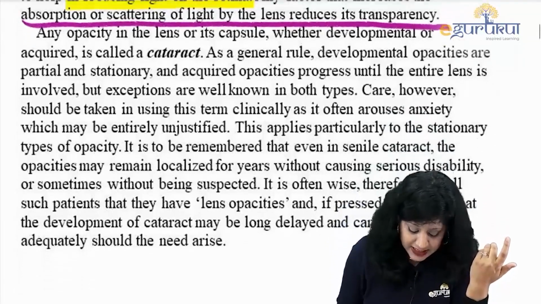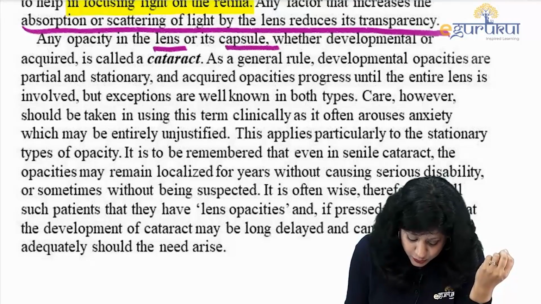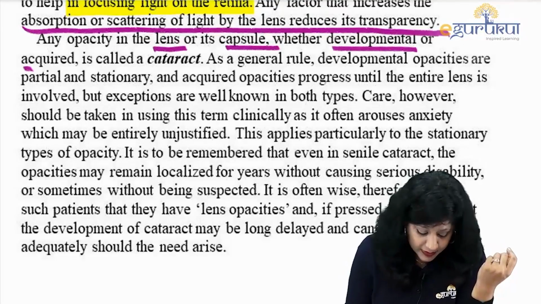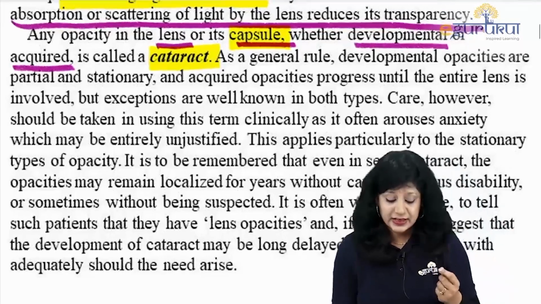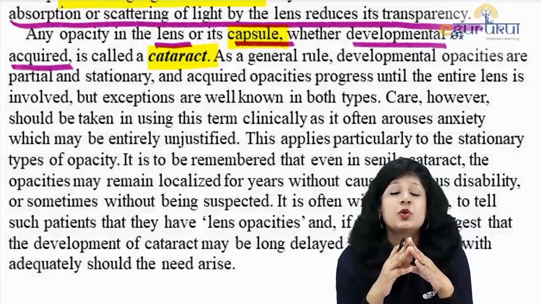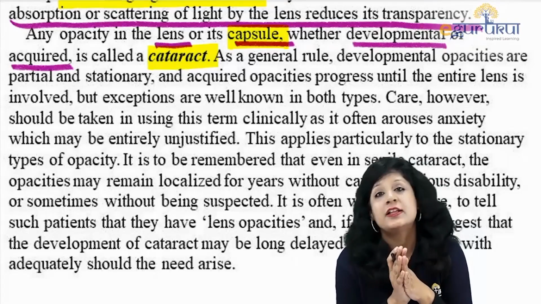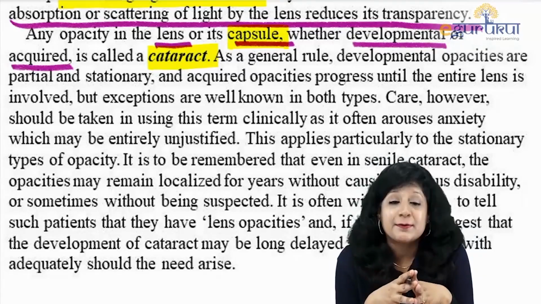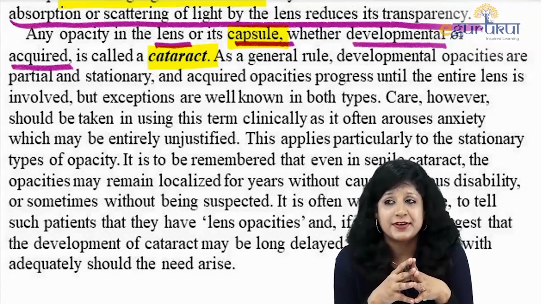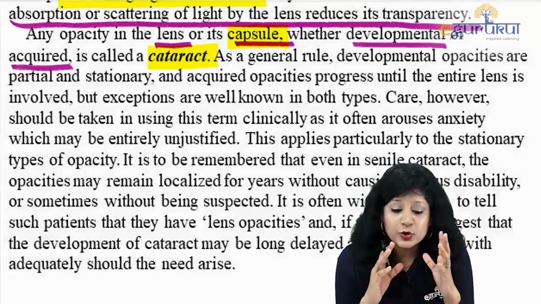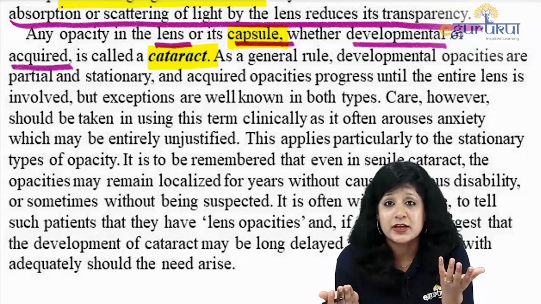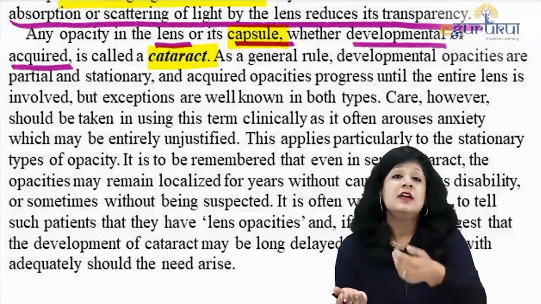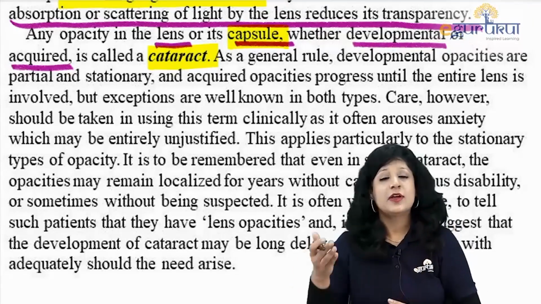Any opacity in the lens or its capsule, whether it is developmental or acquired, is called a cataract. Another thing you should notice is that not only opacification in the lens is called a cataract; if it is present in the capsule also, then it is also called a cataract. Though you know that we have an anterior capsular cataract, a posterior capsular cataract, and a subcapsular cataract also, and so on.